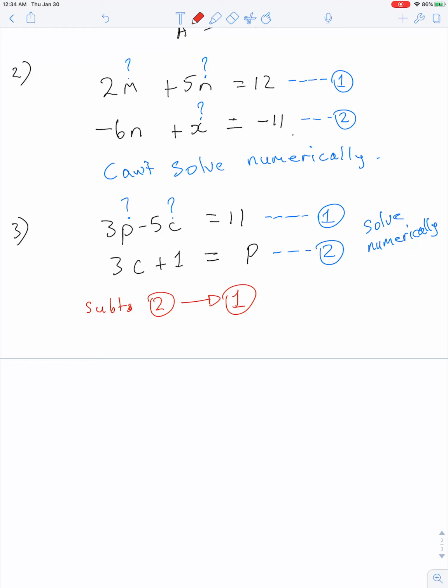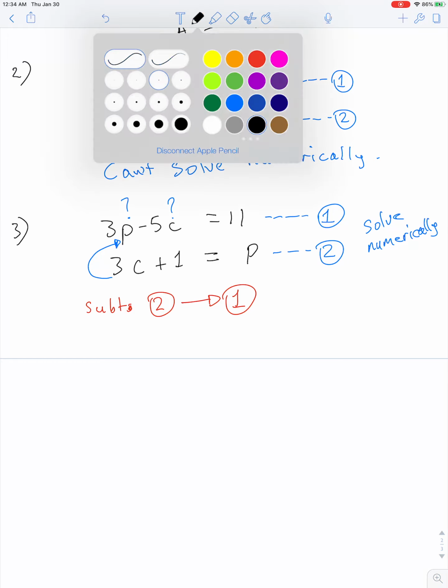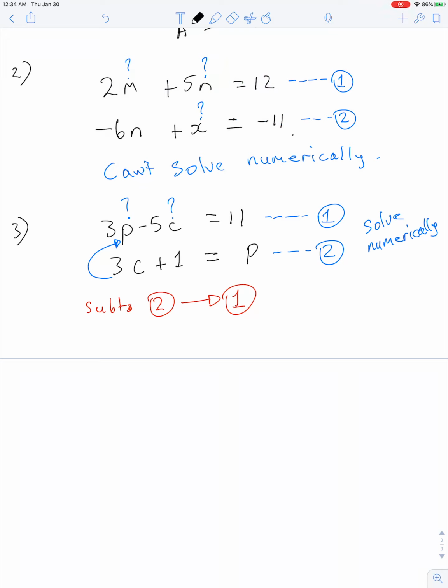So I take this and I stuff it here. This one was nice. Refreshing. So we go 3 times (3c plus 1), close parentheses, minus 5c equals 11. We expand what's in the parentheses: 9c plus 3 minus 5c equals 11.